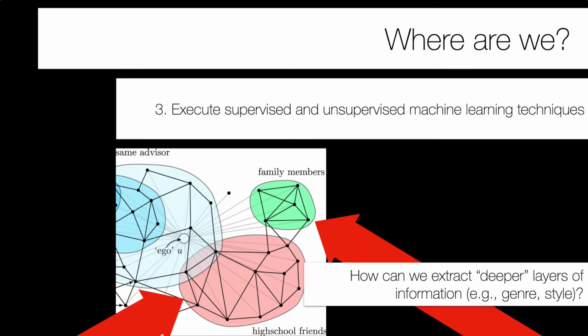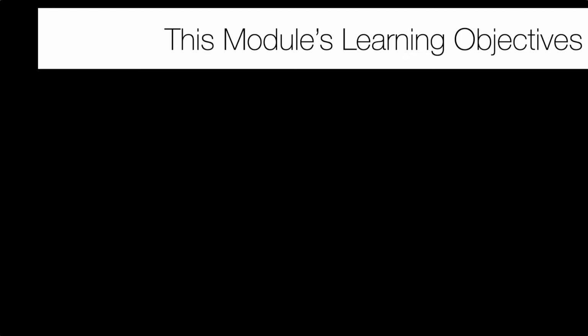Now what we want to talk about today is connecting these lower dimensions with some latent structure or some sort of deeper information in the data. So you might think of this as genre associated with movies or styles associated with text or books.